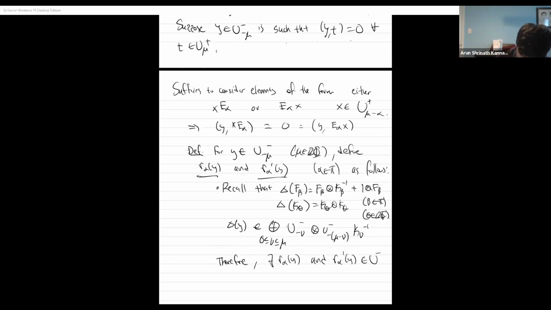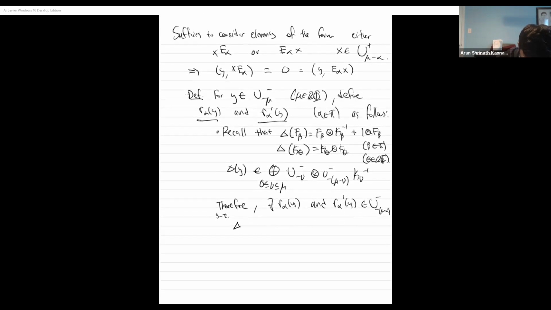They're going to be one degree lower or higher because it's negative. I'm going to write delta y in two different ways, but it's the same expression.